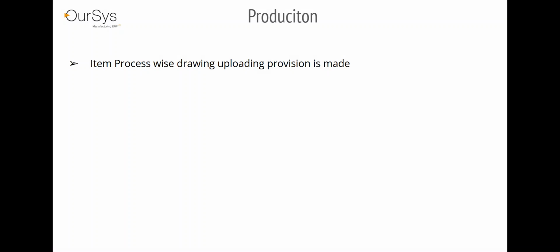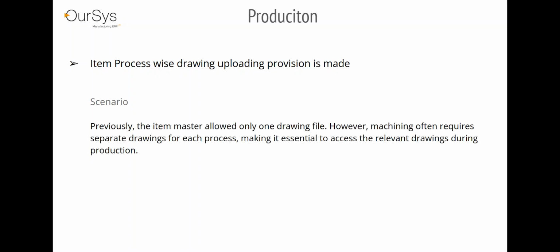Moving to the next item, process-wise drawing uploading provision is made. Before, the item master only allowed one drawing file to be attached. But in some scenarios, multiple drawing files were needed for each machining process.